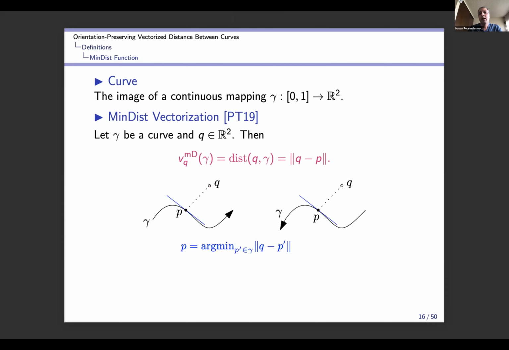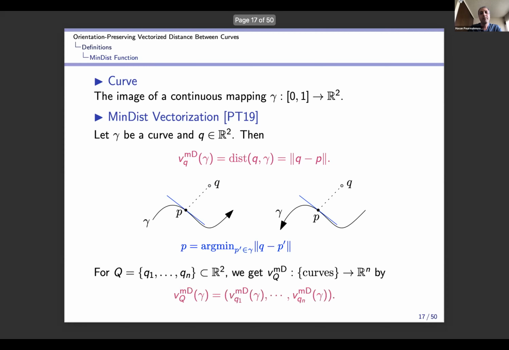As you see, if we have two curves that are the same but with different directions, this function will assign the same value for both of them. So if we want to use this function to make a distance, it will not preserve the orientation of the curve. Now they use a vectorization technique.